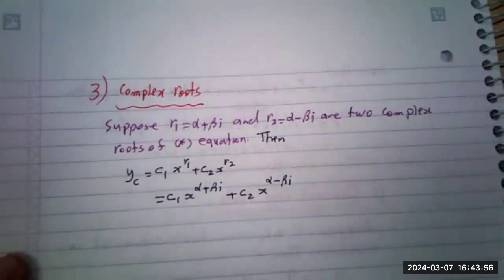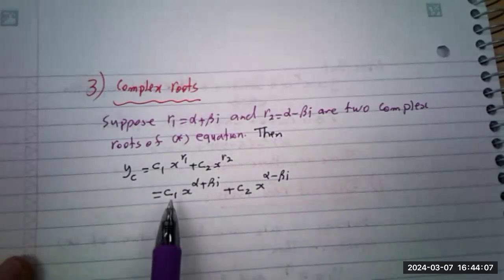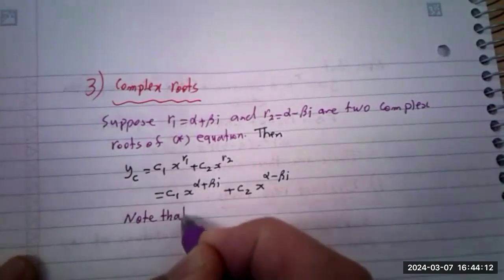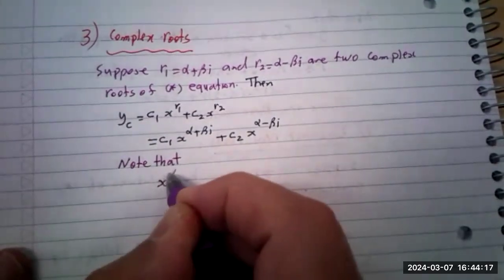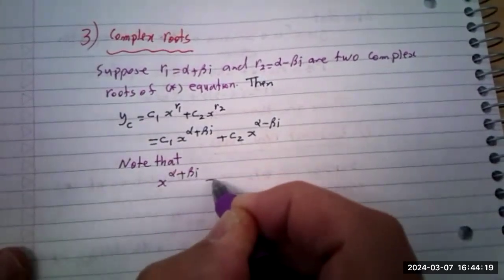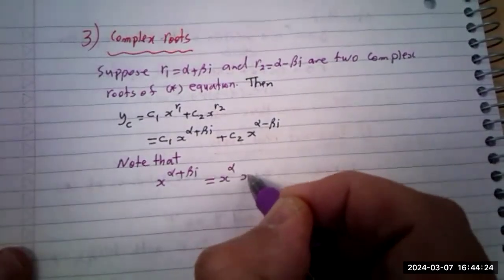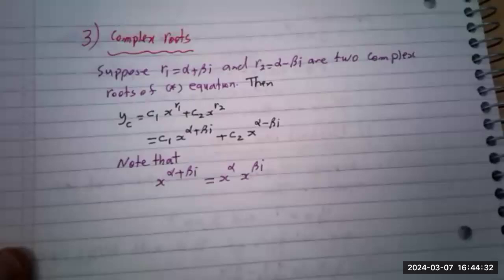Now we're going to do a little bit of algebra, using the Euler formula to change this complex type. I'm going to work on one of them, then come back and simplify it. So look at this one to see what we can do from that Euler formula. As we did before, x to the alpha plus beta i, you can write as x to the alpha times x to the beta i. Now I'm going to use that complex form.